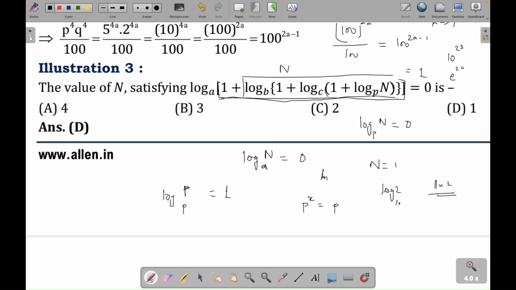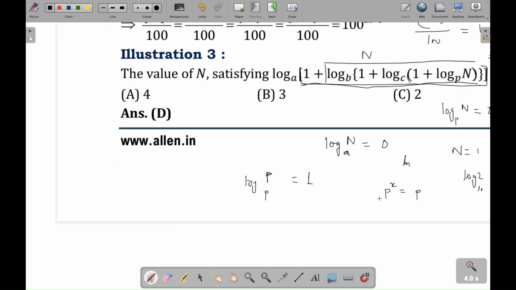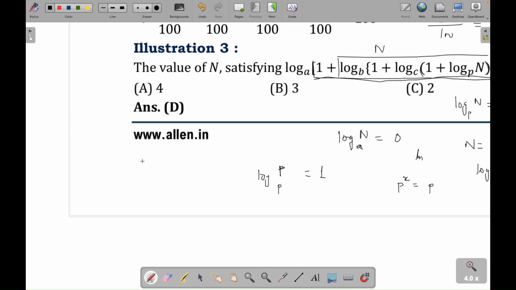2 log 2 to the base 10. So it should be 0... no. See, the question is, 10 raised to x is equal to 2.